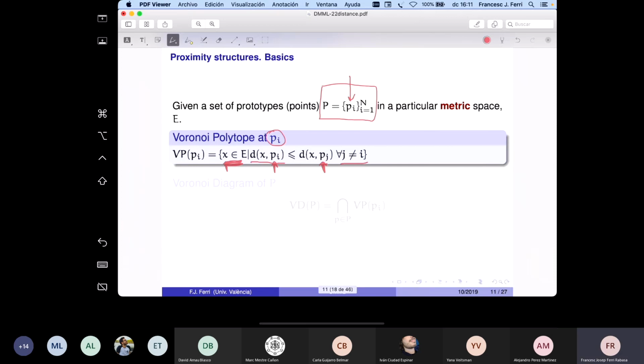In other words, all the points that will be classified as class i by the minimum distance classifier, if each point corresponded to each class. This is called the Voronoi polytope at Pi.